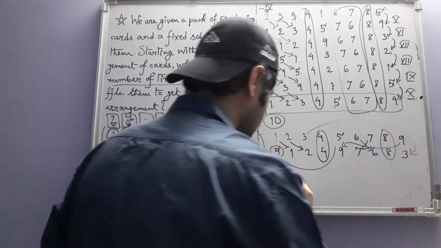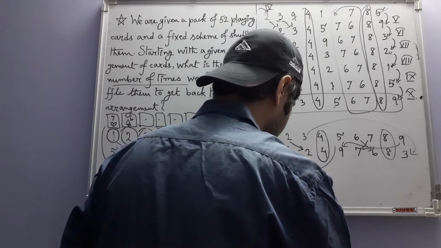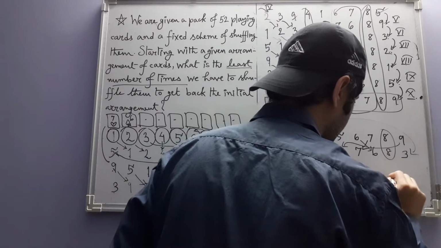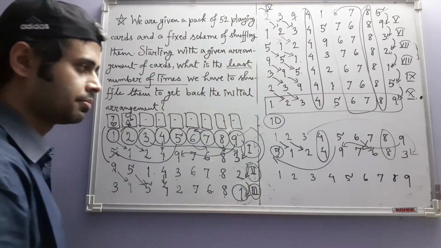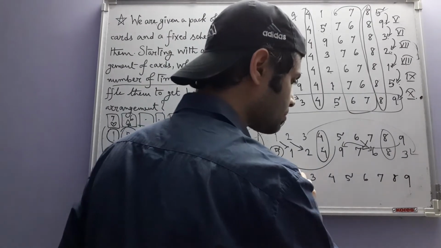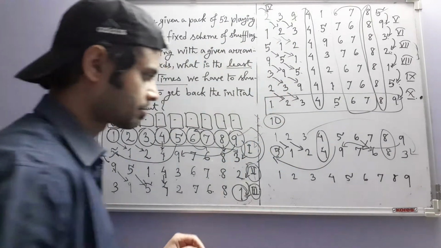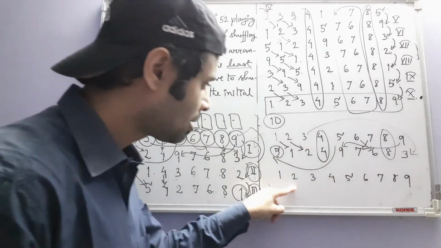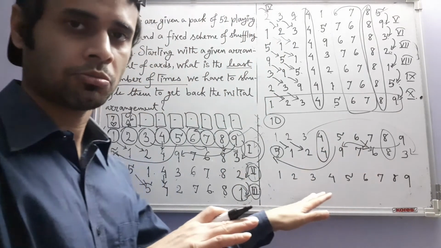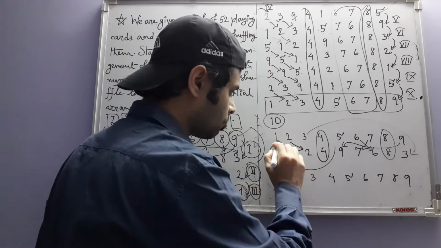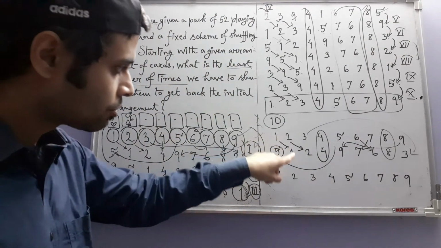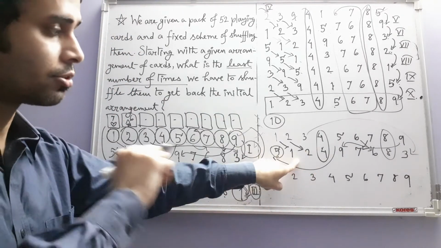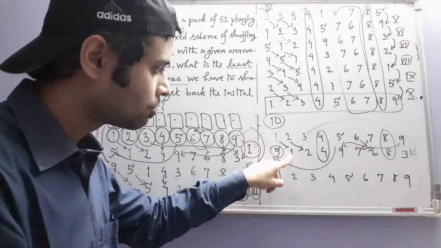So if I write like this, 4, 5, 6, 7, 8, 9, and what I do, 5 comes to the first place. So now my objects are these. These were the objects initially. 1 goes where? 1 goes to the second place. So if I keep track of the place numbers or the place labels, 1 goes to the second place.